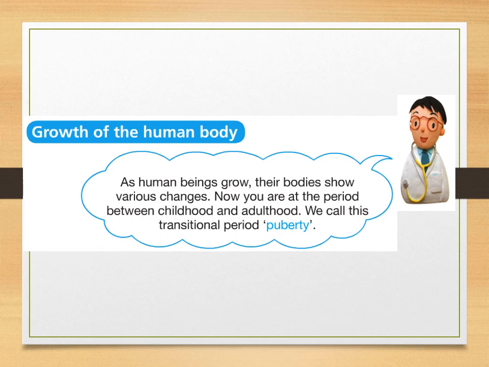We call this transitional period puberty. In general, girls begin the process of puberty at about 11 or 12 years old. That is earlier than boys, which is about 13 or 14 years old.